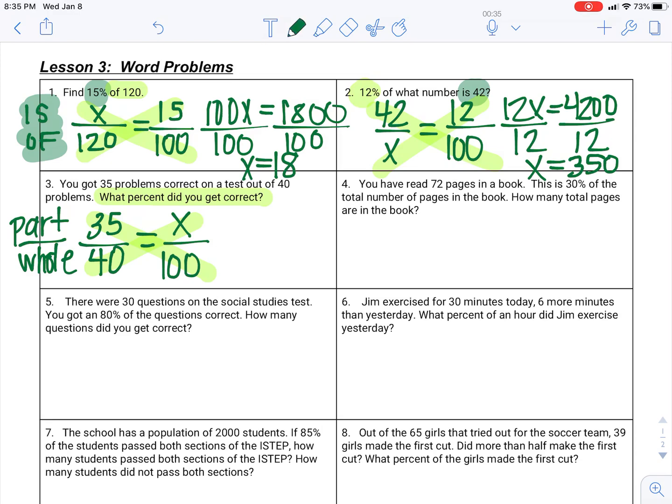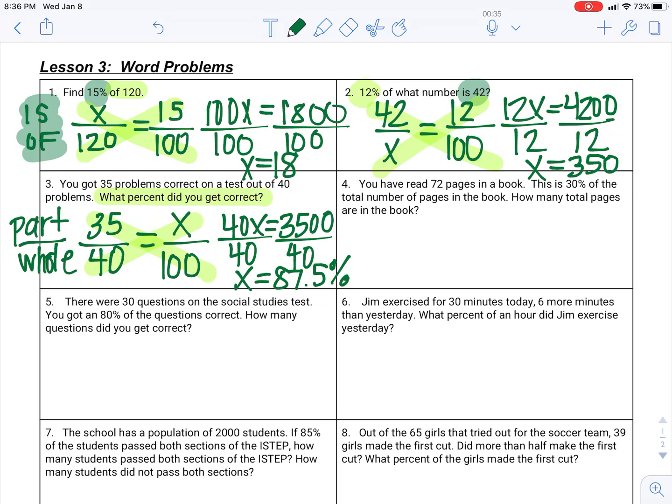So we have 40x equals 3500. And when we divide by 40 on both sides, remember we're looking for a percentage, and that percentage is 87.5%. And that makes a lot of sense because the score is close to, only 5 points missing, and 87.5% is very close to 100.